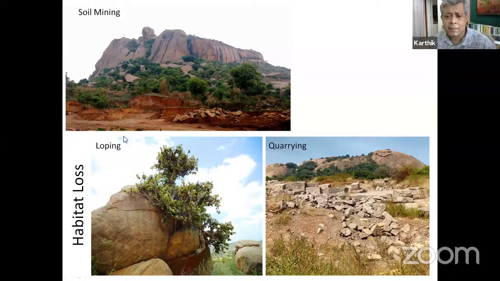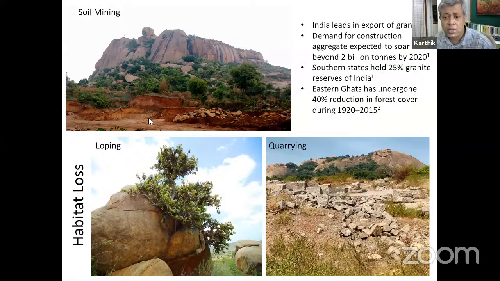Here you see sand mining, soil mining. So this is very good topsoil which is mined out for making bricks. And you can see rocks mined out and they are used for quarries, making construction aggregate, that is jelly, or what you use to make roads and even concrete structures.